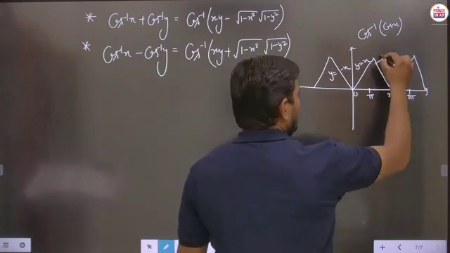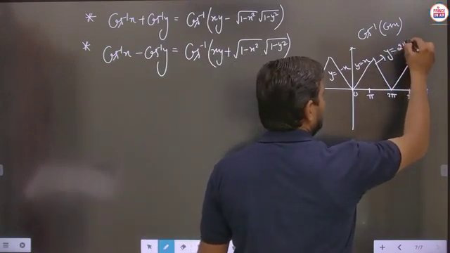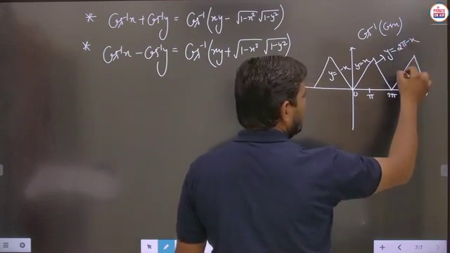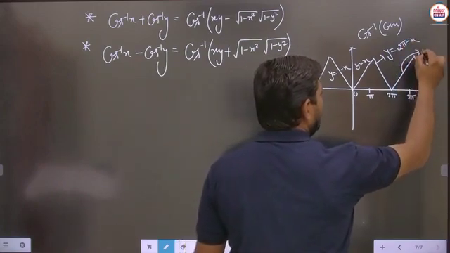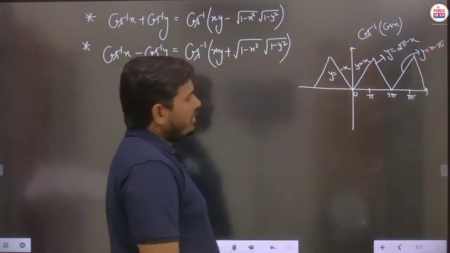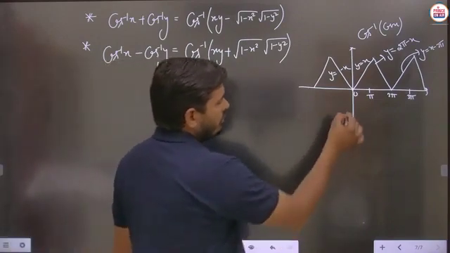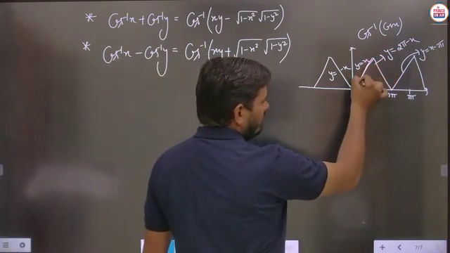So this line will be represented as y equals 2 pi minus x. And this line will be obtained as y equals x minus 2 pi, like this. Is it clear? So we are taking these formulas in this situation only, meaning 0 to pi.